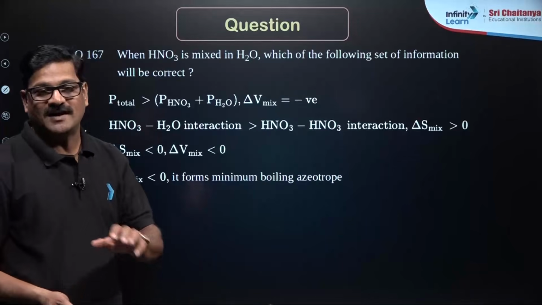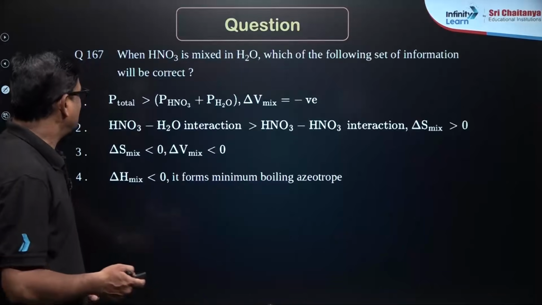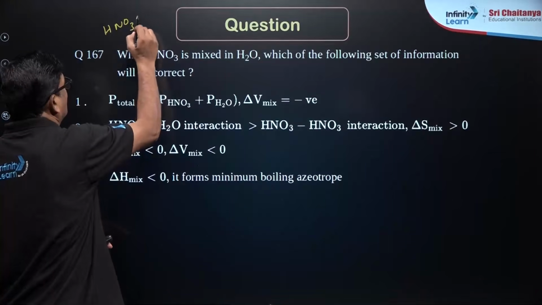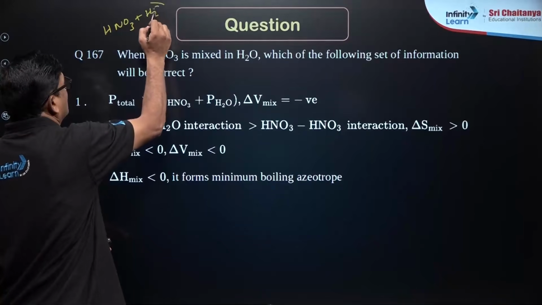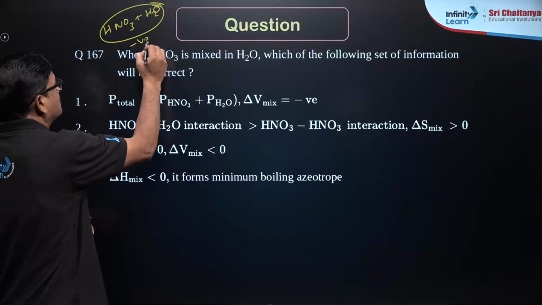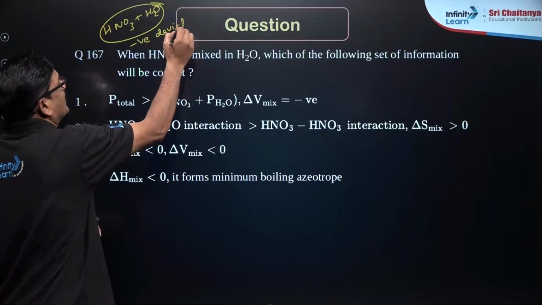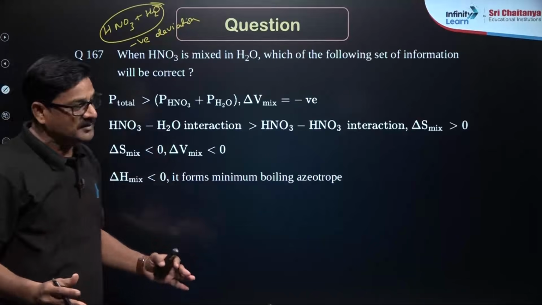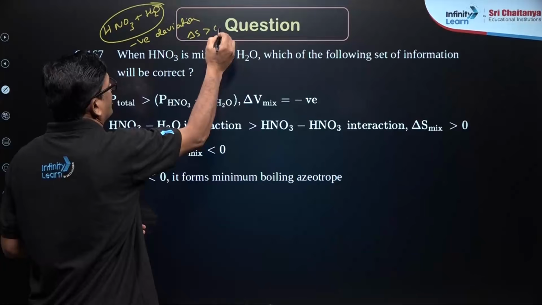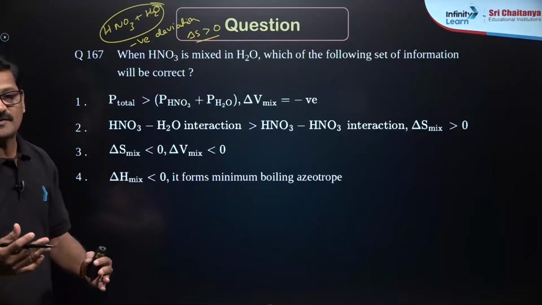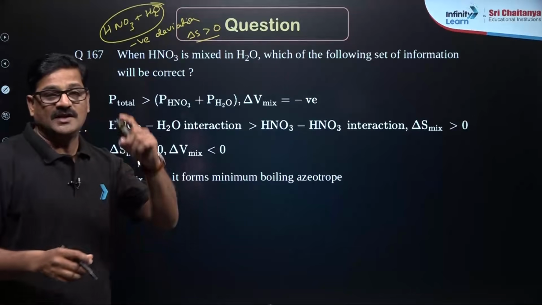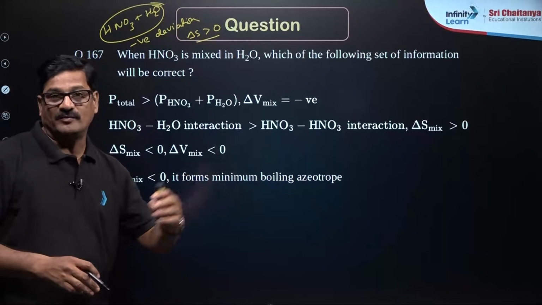Students, it is a question directly from Raoult's law. It is asked when HNO3 is mixed with H2O, it is going to form a negative deviation from Raoult's law. And whenever the solution is formed, entropy is supposed to be always positive. Whenever negative deviation from Raoult's law is seen, the intermolecular force after mixing is greater as compared to before mixing.